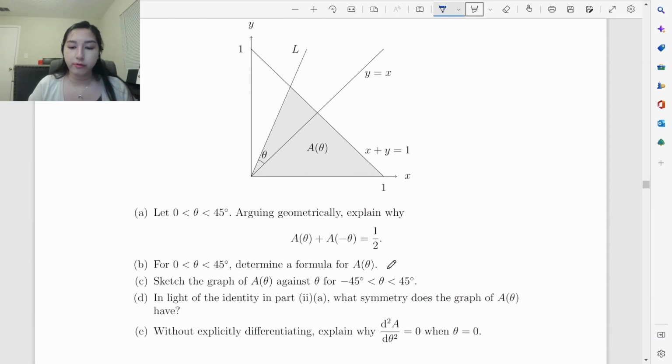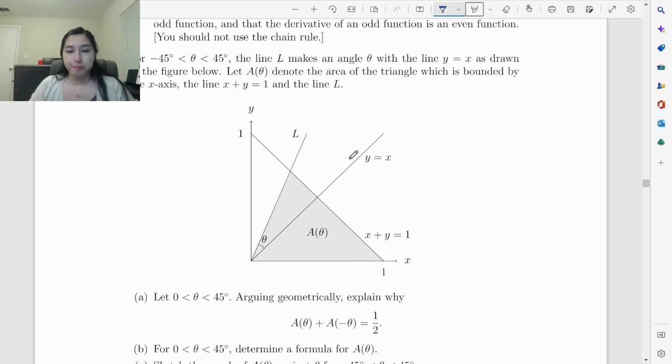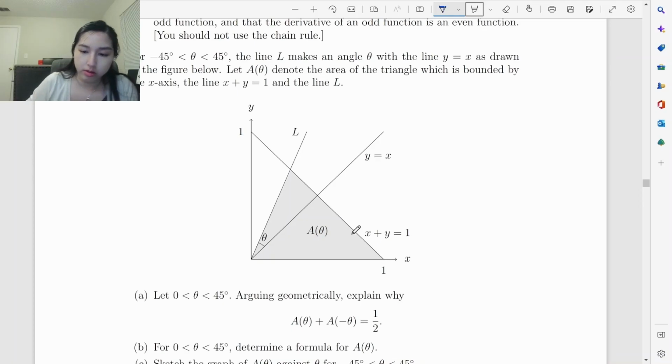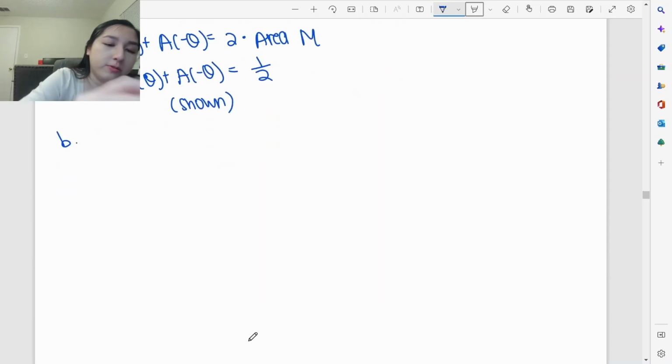Determine the formula for A theta. Great, alright. Here's the thing, we've got our diagram there. L is a straight line, so we probably should find the slope first.